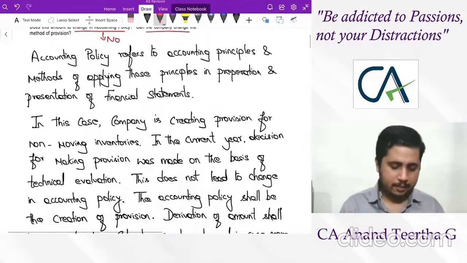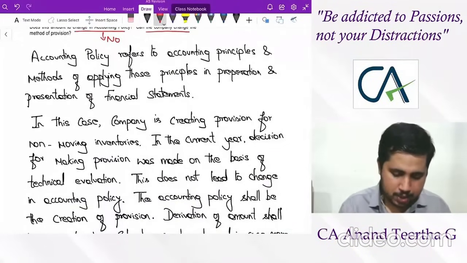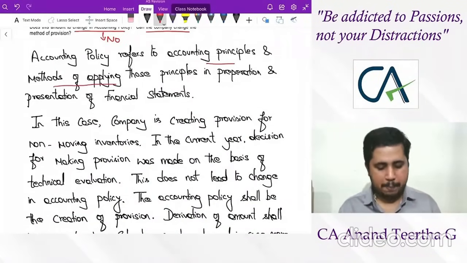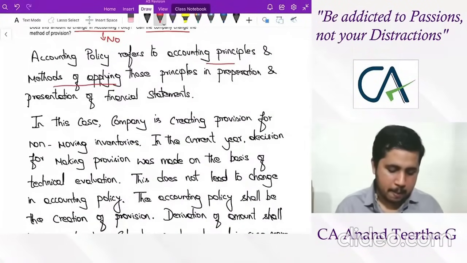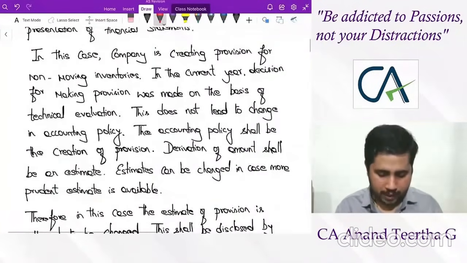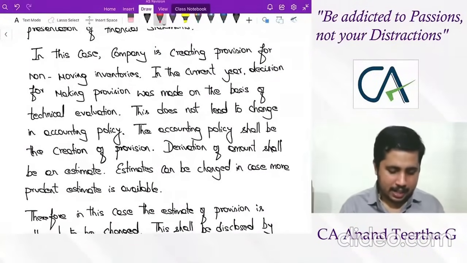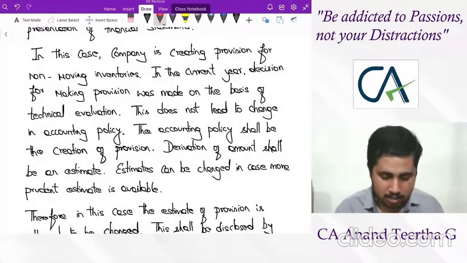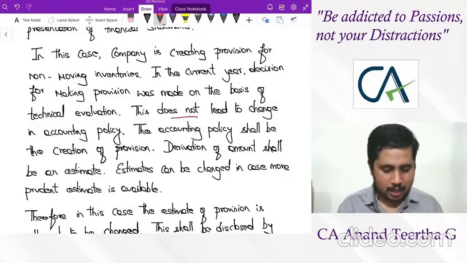I'll quickly read it out for you. Accounting policy refers to accounting principles and methods of applying those principles in the preparation and presentation of financial statements. In this case, the company is creating a provision for non-moving inventories. In the current year, the decision for making the provision was made on the basis of technical evaluation. This does not lead to a change in accounting policy.